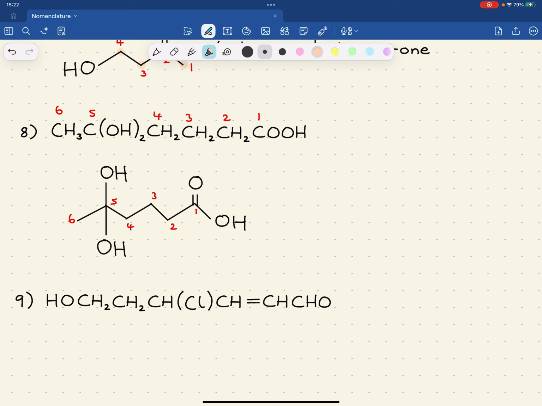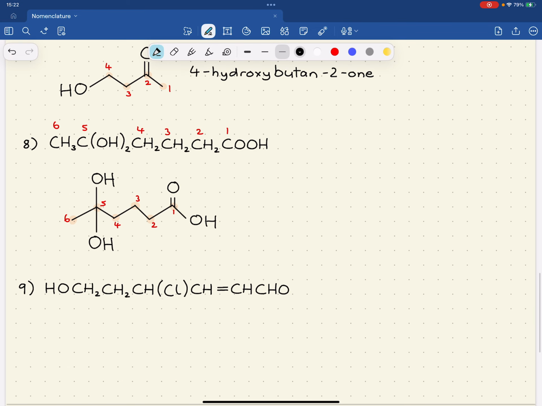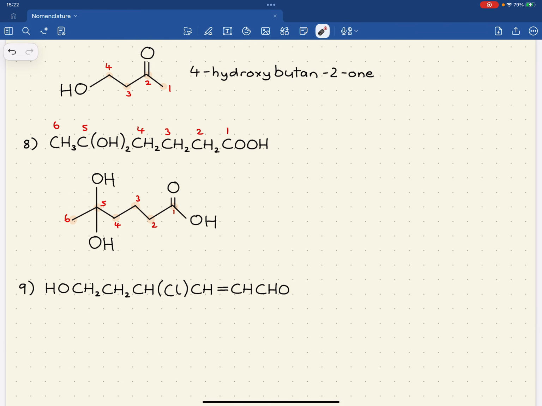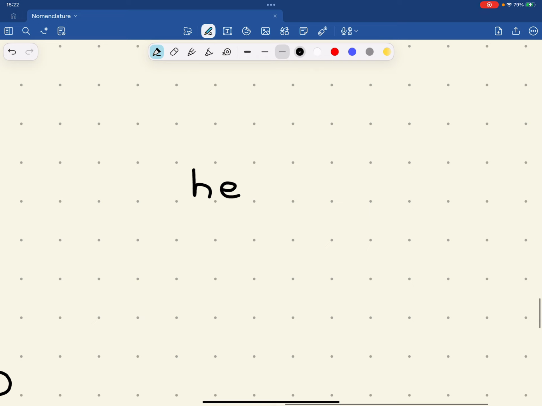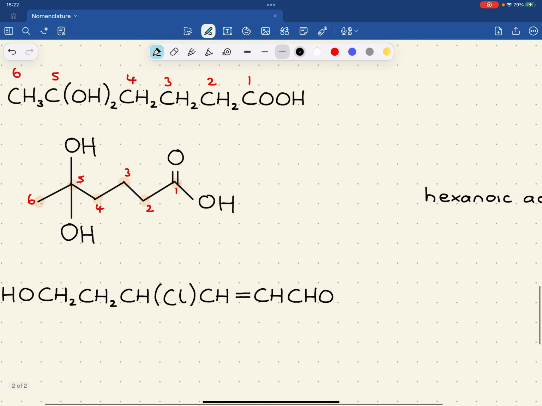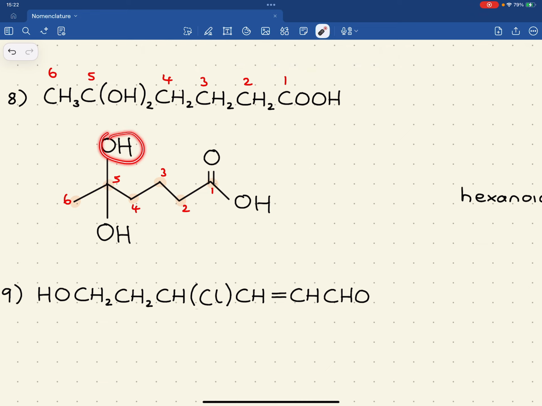So we've already seen then that we've got 1, 2, 3, 4, 5, 6 in my longest chain, so it's going to be hex. The suffix is given to the highest priority functional group, which is the carboxylic acid. Suffix for a carboxylic acid is oic acid, so we can write down hexanoic acid. We've got two alcohols, two OH groups on carbon 5.